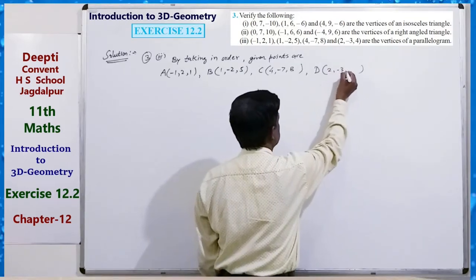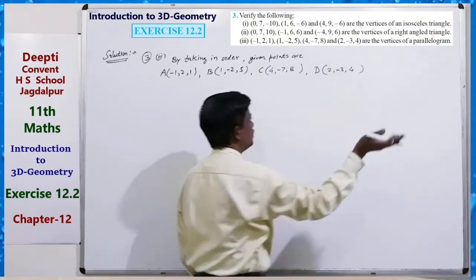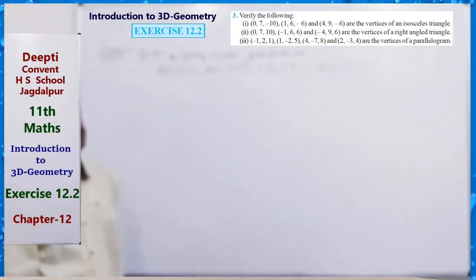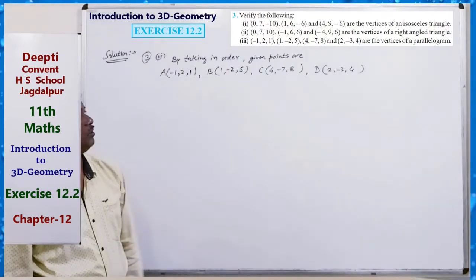ABCD are the notation. These are the points taken in order.